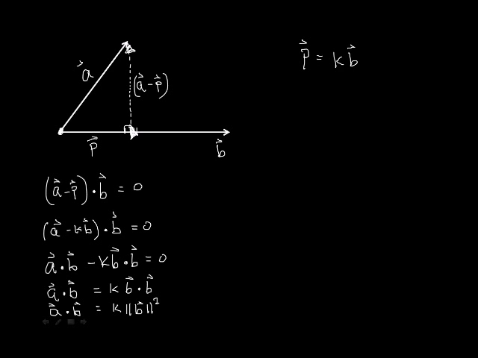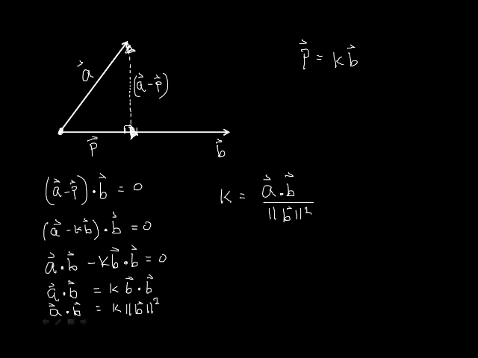So now dividing both sides by the magnitude of B squared, we can solve for K, and that gives us K equals A dot B divided by the magnitude of B squared.